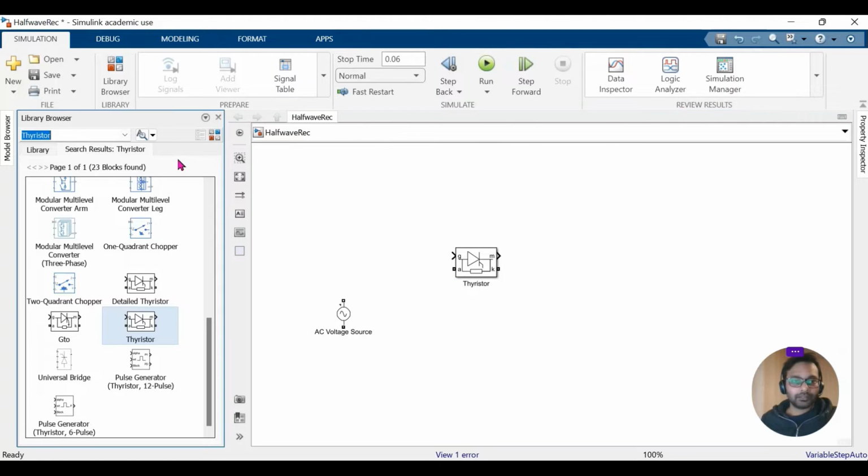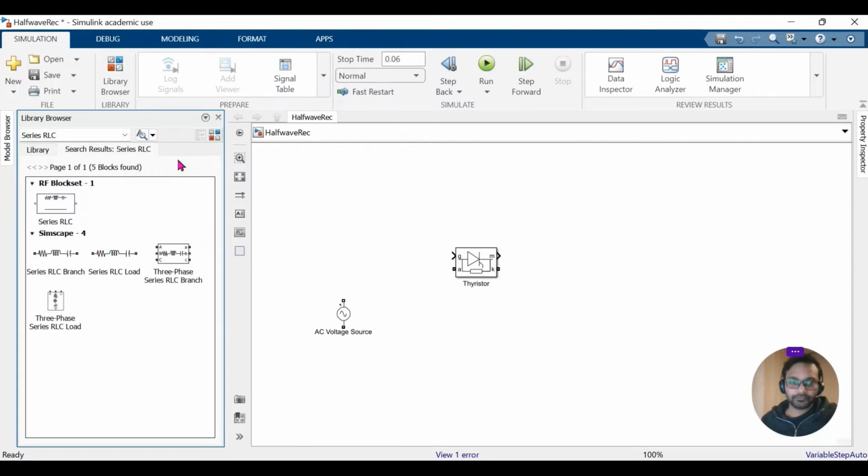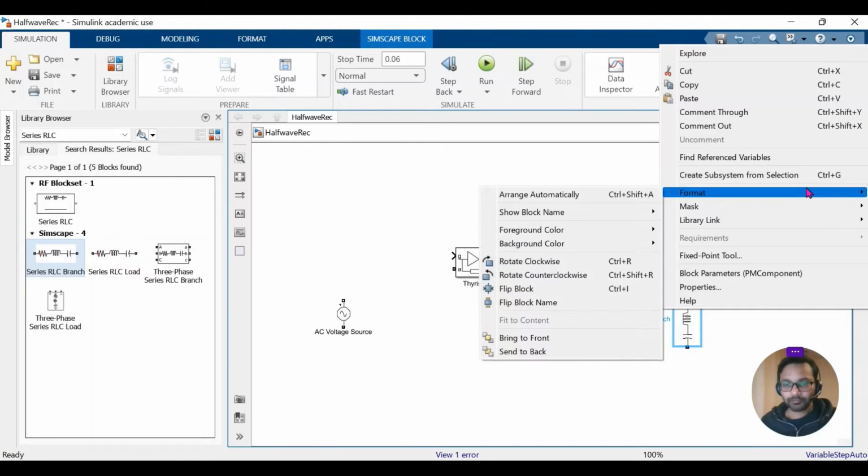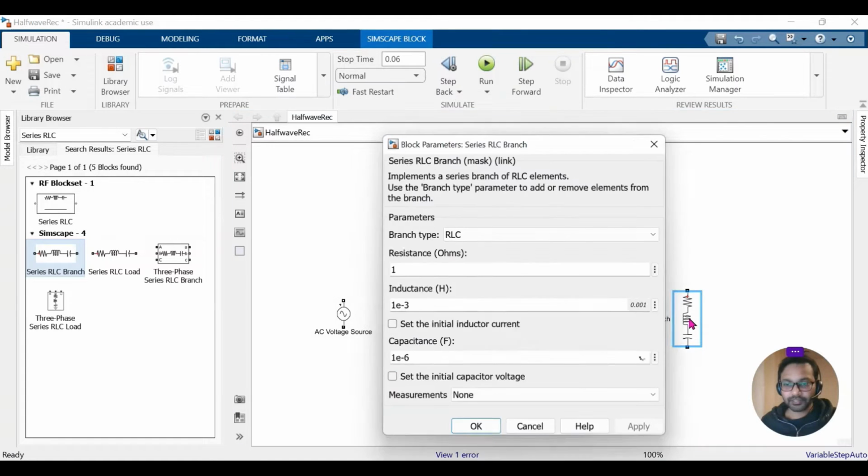Now another thing we'll need is the load resistor. Okay, so we are going to search for this series RLC branch, and I'm going to rotate it. Now I don't need the RLC branch.